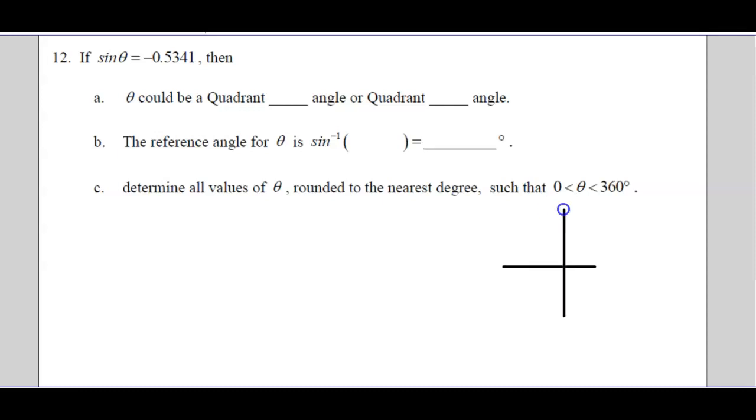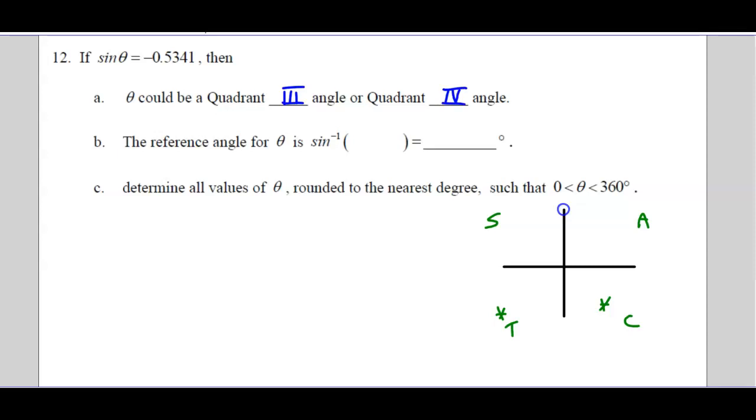So if we do a little diagram here, all students take calculus, sine is negative, so I always just put a star where I think it's going to be with quadrants. Okay, so based on that, it's quadrant 3 or quadrant 4 angle.